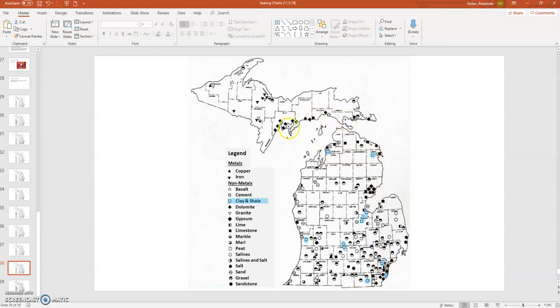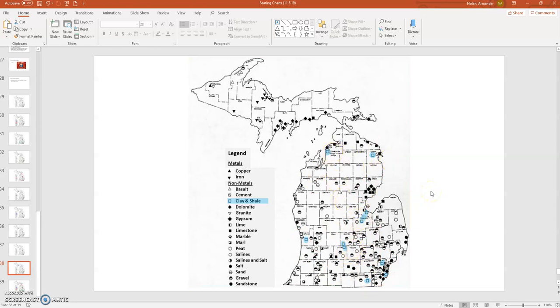You notice that we've got dolomite, and then we have limestone, and then inside of that we have shale. So it seems to be forming almost like layers. These are also located in the same area as the lime that we pointed out in the Bay Area. So clay and shale is the least patterned resource that we find.